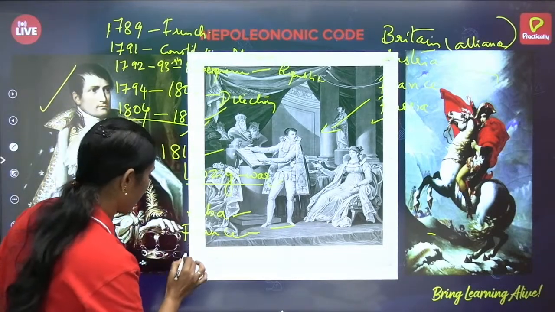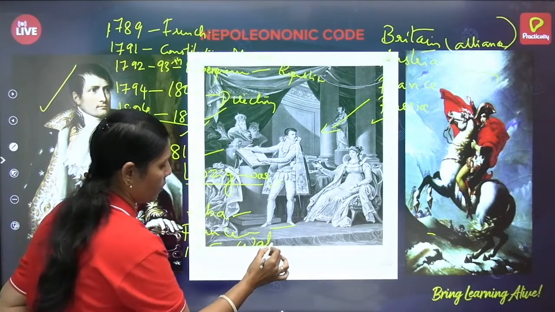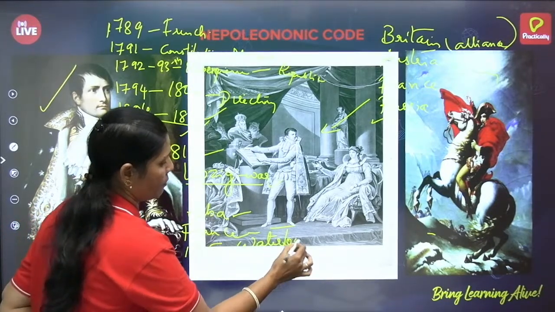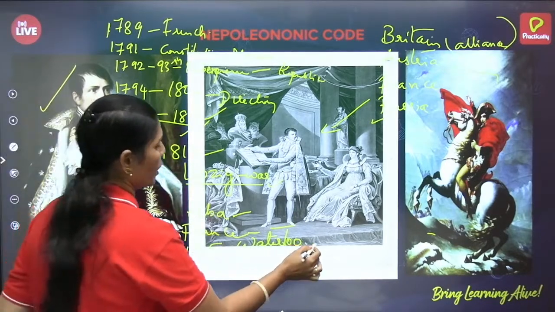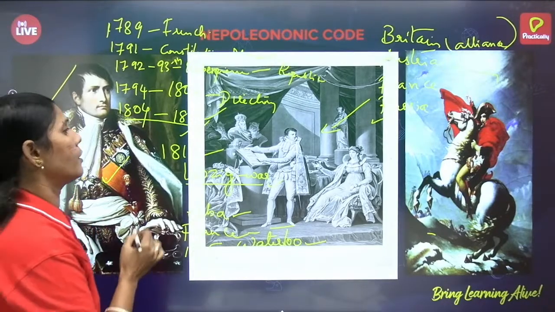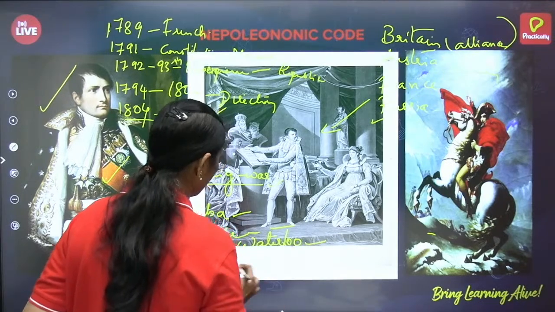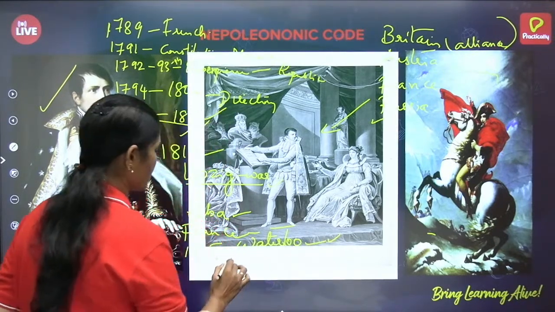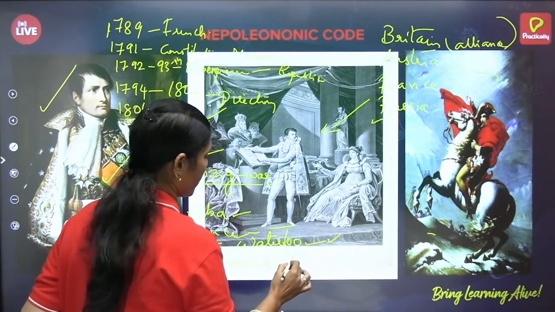This second time, in 1815 at Waterloo, which we have discussed in the French Revolution, Napoleon was completely defeated by the alliance group. At Waterloo in 1815 he was defeated and kept on another island, St. Helena, in the Pacific Ocean.